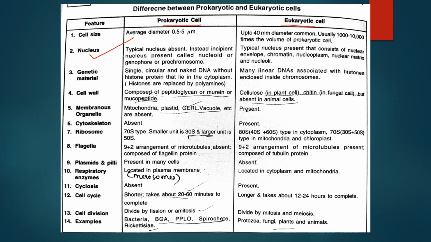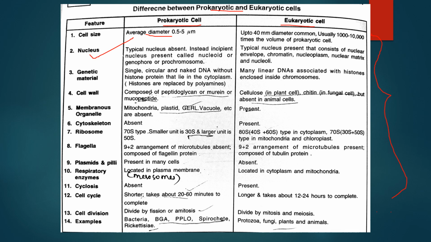And another most common difference between these two is that the prokaryotic cell lacks membrane bound organelles, but the eukaryotes have membrane bound organelles. Apart from this, there are some other differences. Prokaryotes are small in size and eukaryotes are larger in size.